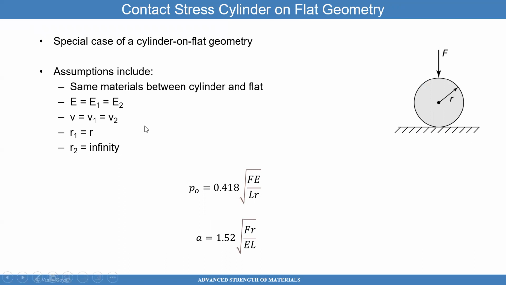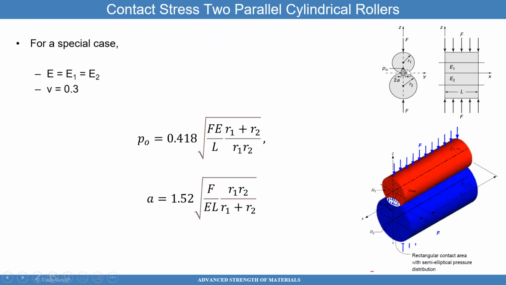If I do that, I invite you to check that what I get is this max pressure and this half contact width, sorry. It's half the contact width, if you recall, the a. Just to show you the picture again, the width is 2a of the contact area. It's a rectangular contact area for two cylinders coming into contact.